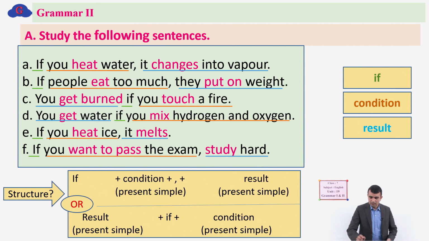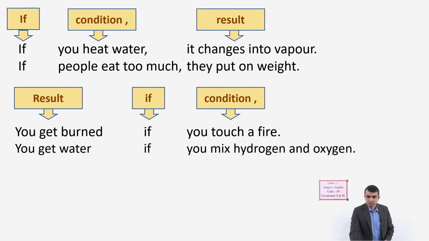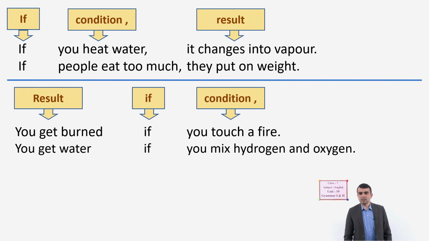Good. Now here come to this: if, condition, result. Here in the first, well, there is a line, and above the line and below the line there are two different things. Above the line, if, condition, result structure. Is it? If, condition, comma, result.